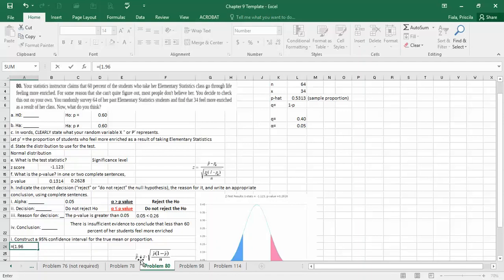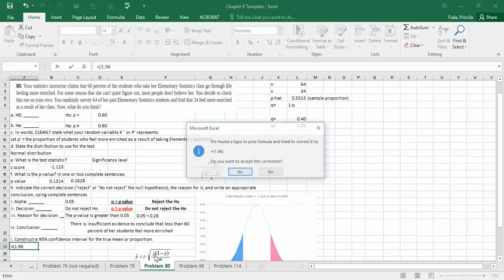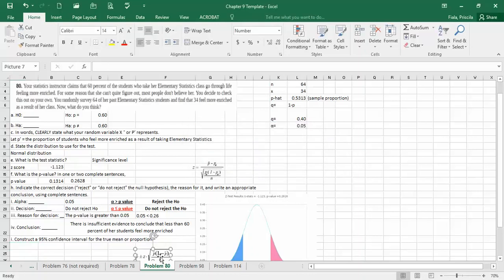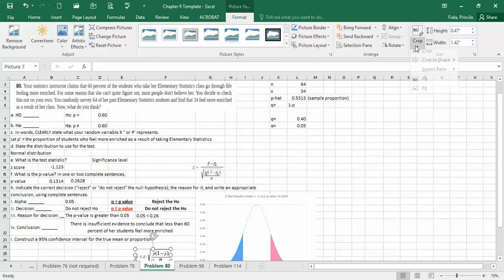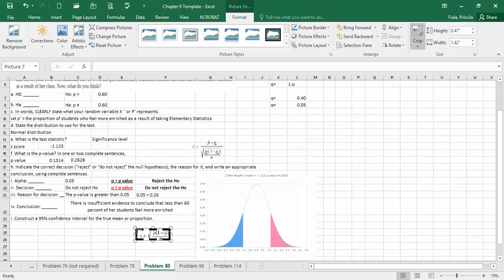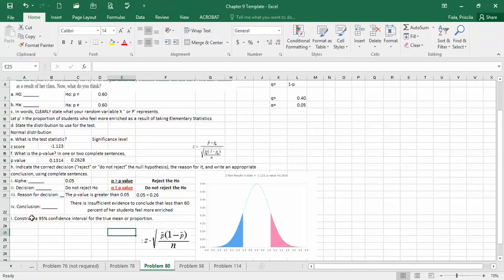I'm just following this portion right here, Z times this portion right here, which actually, you know what? Let me go ahead and crop in here because I want you to calculate. Let me see. Better. Here we go. I'll make it bigger for you.